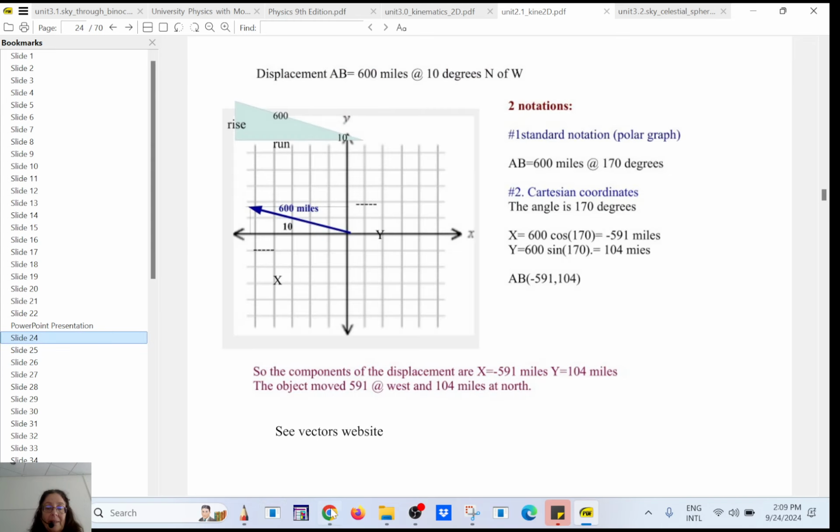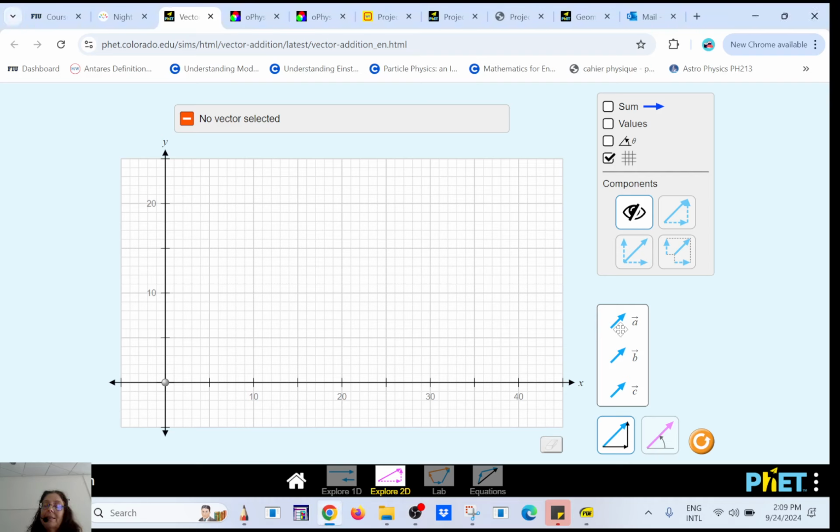Okay, so here, to make sure, simulation. So this is a vector A. See, you have a vector A. That vector A, I can cut and paste anywhere I want. It's still going to be the same mathematical object. So it could be a displacement vector when you move from here to there, or it could be a velocity vector.